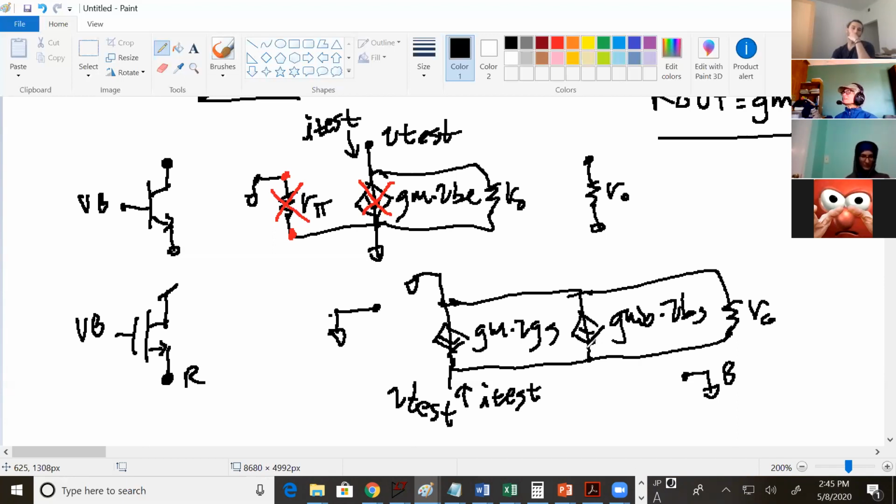This is a quiet day. When you treat the current source like 1 over GMX, like treat it like a resistor. Yeah, and for that to be true, this voltage has to equal this voltage. So the question is, are those two voltages equal? No. Oh, wait, yeah.